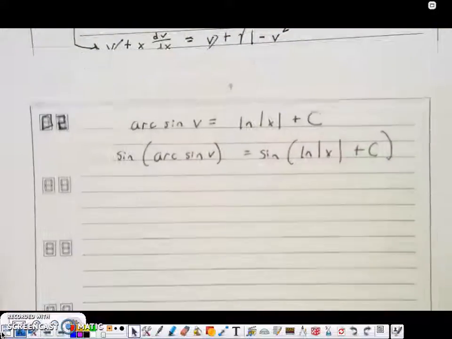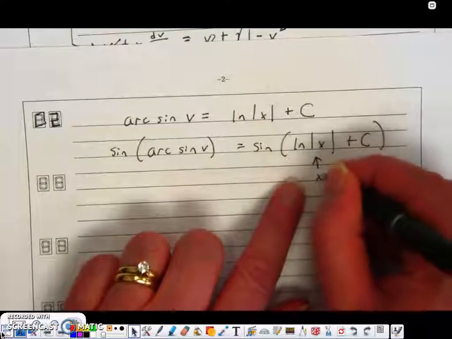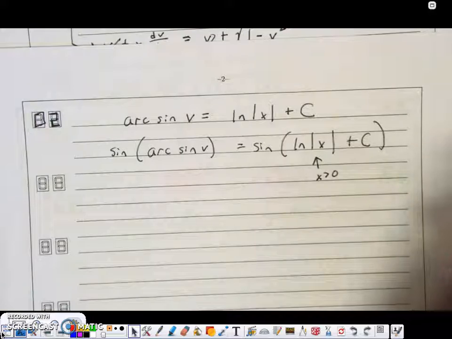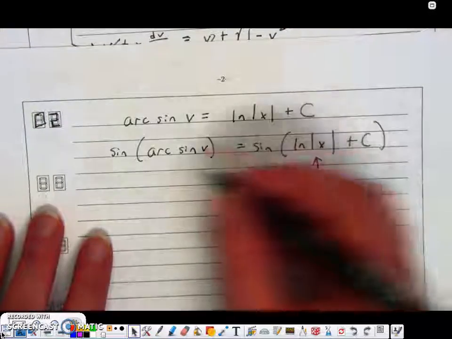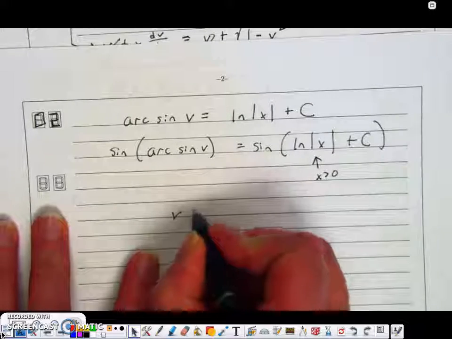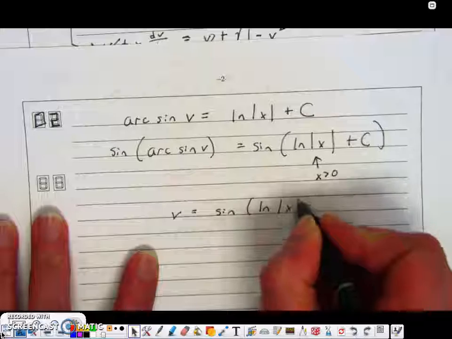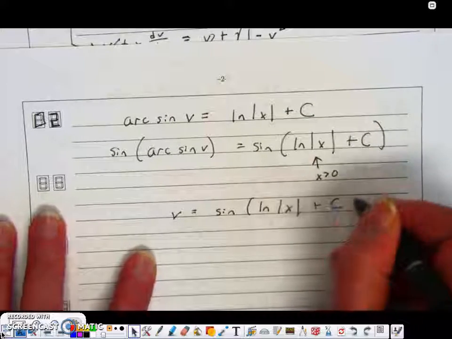So if x is greater than 0, I really don't have to have the absolute value around this. I can drop the absolute value. Okay, so sine of arc sine of v, those undo each other. So you have v equals the sine of ln of the absolute value of x plus c.